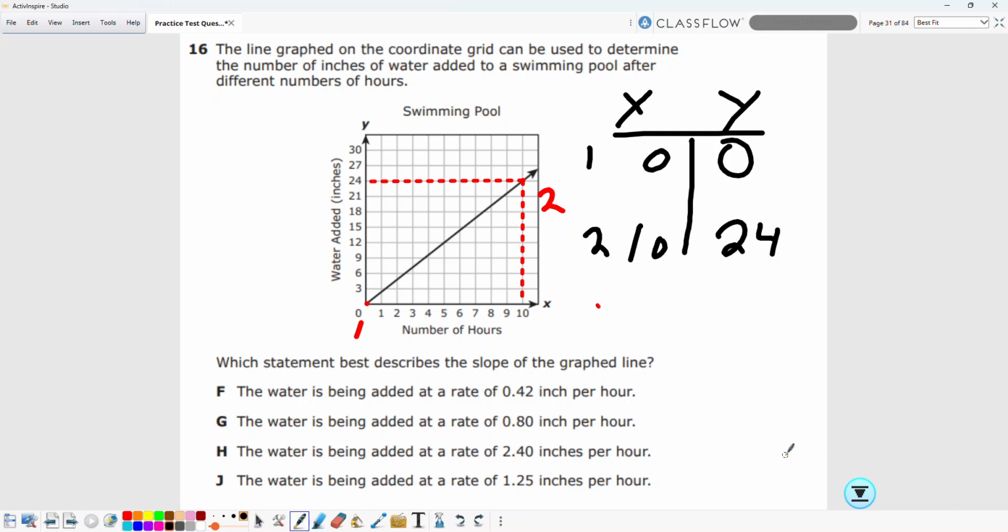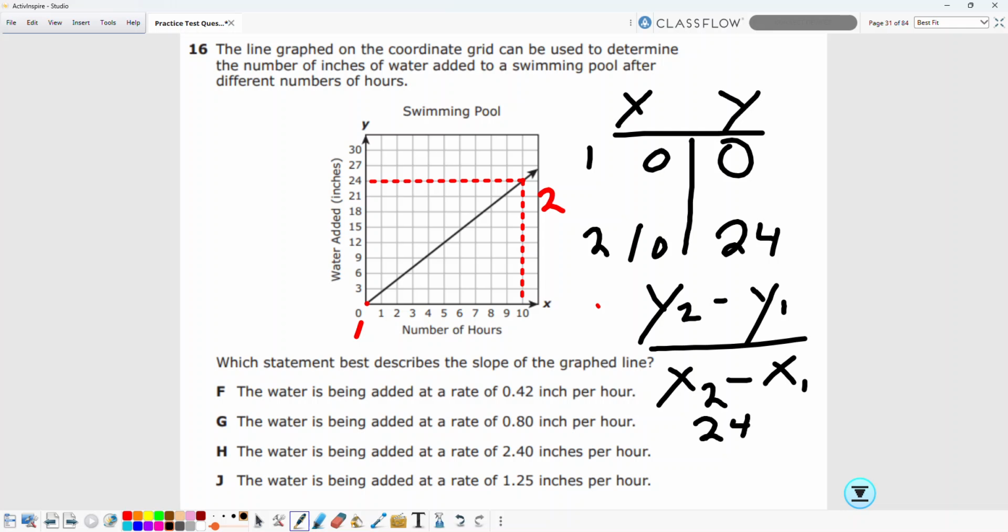All right. So now y2 minus y1 divided by x2 minus x1. And because x1 and y1 are both 0, it makes the calculation super easy. So we know that the rise is 24 over 10.